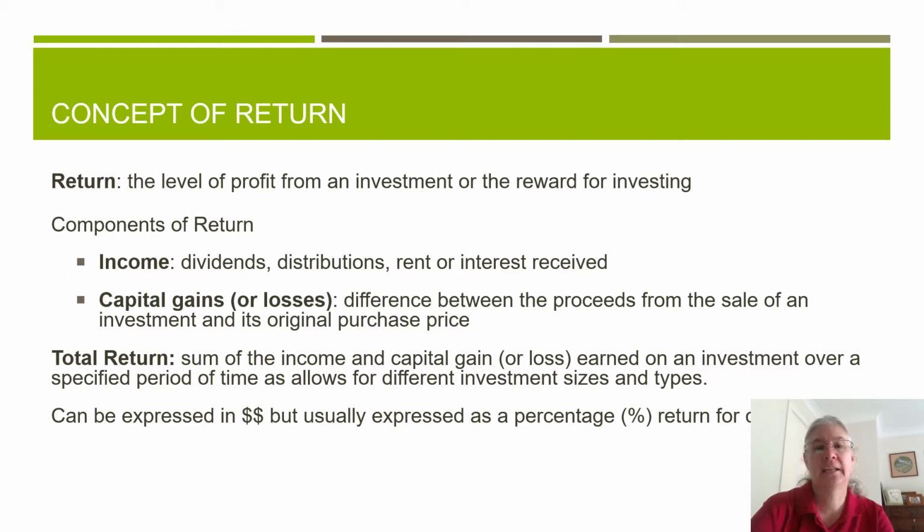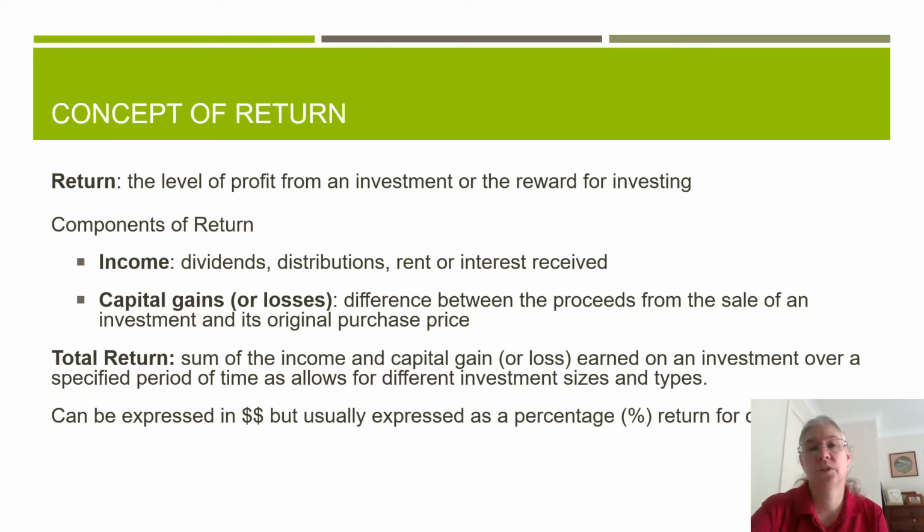So capital gains, or sadly losses, that's the difference between what you pay for your investment and what you receive at the end when you sell it. So you buy it for $100, you sell it for $120, you've got a capital gain of $20. But if you sell it for $90 when you'd bought it for $100, well, there's a loss of $10.